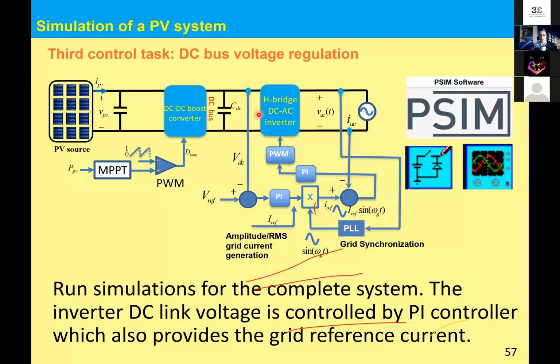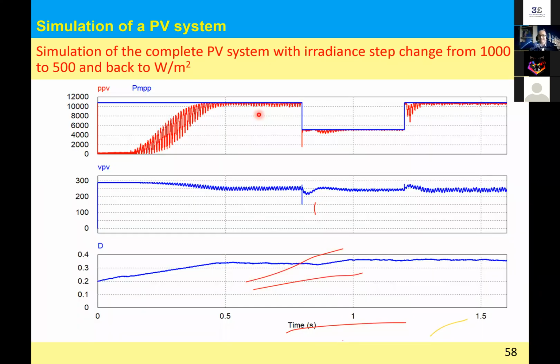Okay, so now I make a step change in the irradiance level. From 0 to 0.8 seconds, I have 1000 watts per square meter. At time instant 0.8, the irradiance is stepped down to 500.